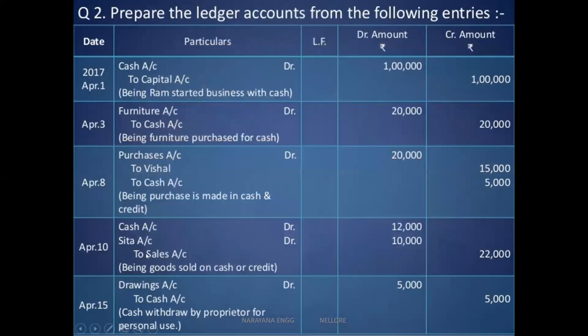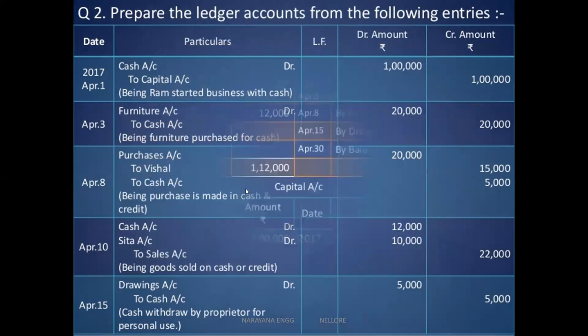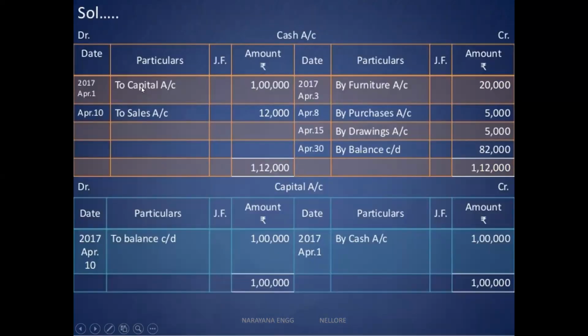So you can mention all the cash account related transactions in the ledger book: capital, sales, furniture, purchases, drawing account. After that, the next step is you add all the amounts on both sides, debit side and credit side. On the debit side you can see the capital and sales, 1 lakh and 12,000, so the total amount is 1 lakh 12,000.